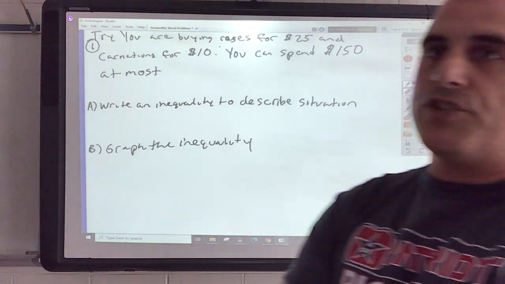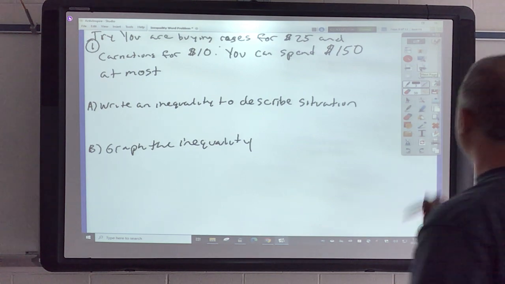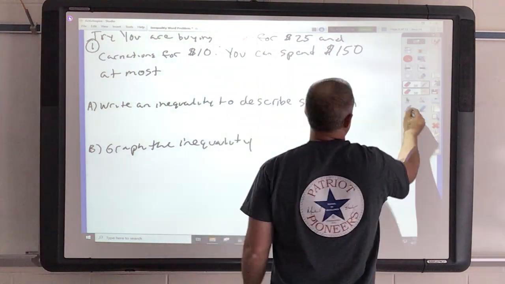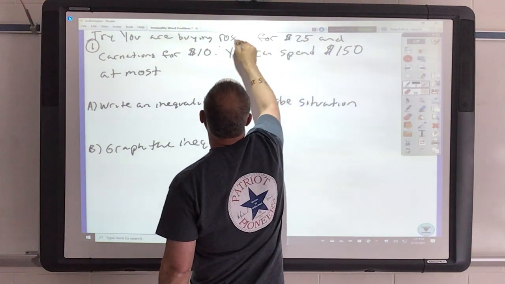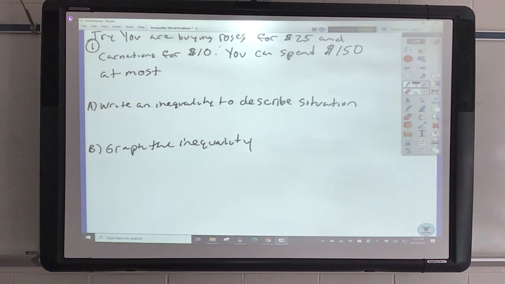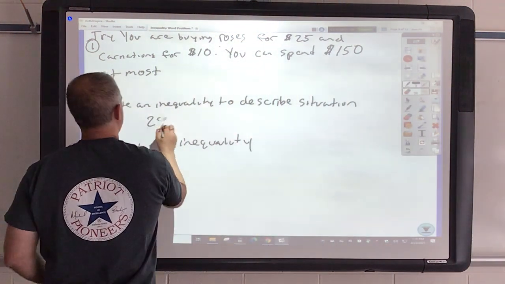All right, so you're going to go ahead and try this one. Trying to buy roses, it looks like. Roses for 25, carnations for 10, you can spend 150 at most. So this would be 25x.